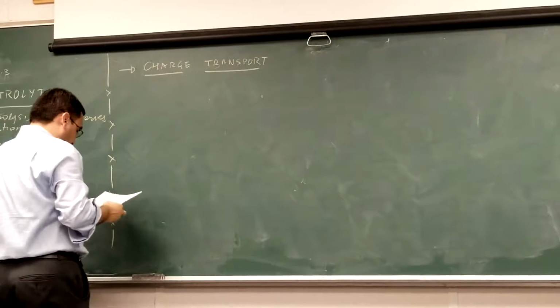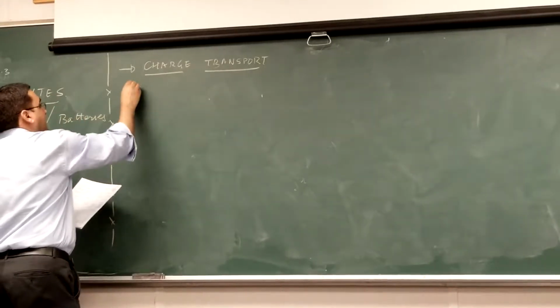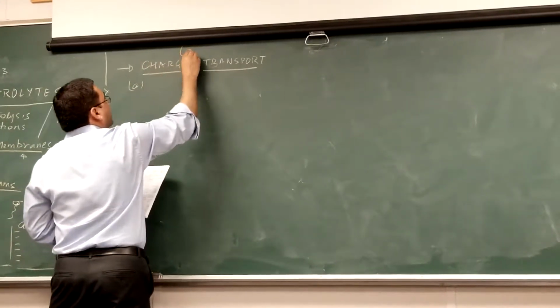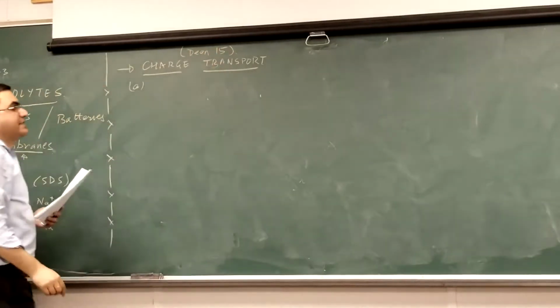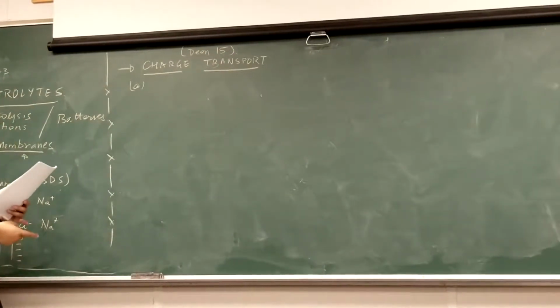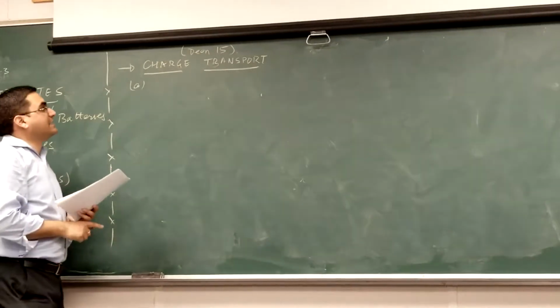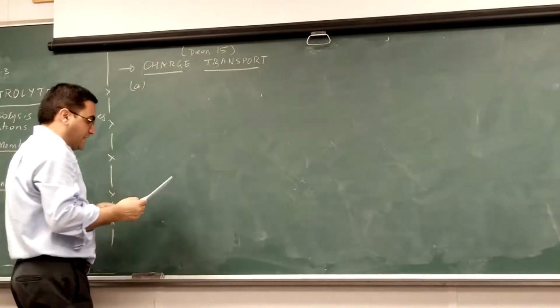All right, so the first thing, and this is all mainly based on Dean chapter 15, but wherever Dean is inadequate, I've added things from Newman. That's the best book for electrochemical processes, and some other books, and I'll try to mention those whenever I can.